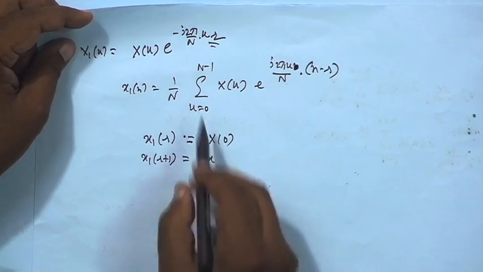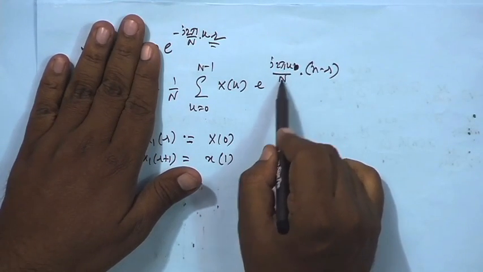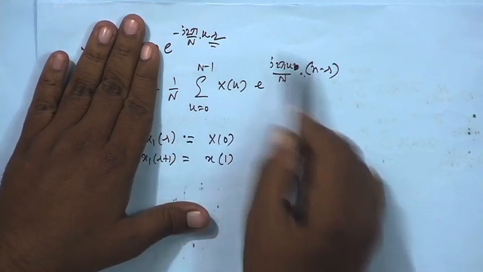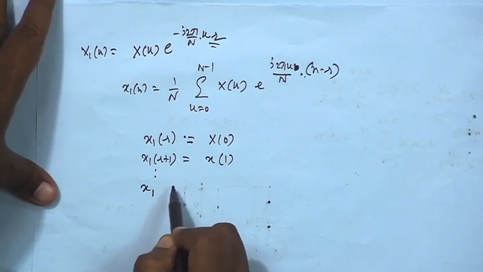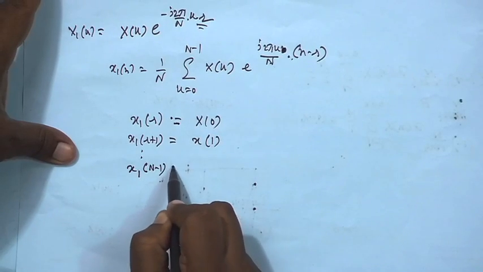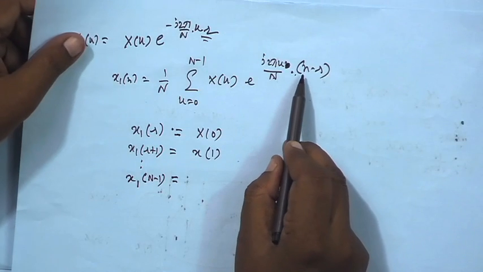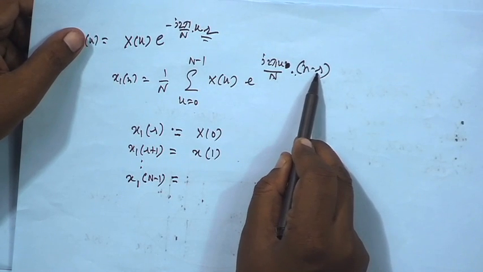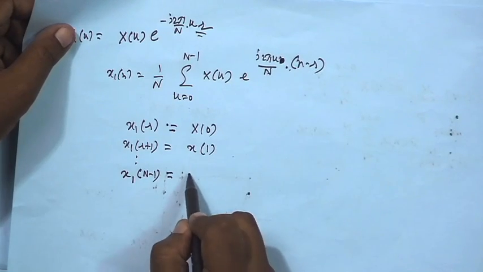So this is the formula of x 1 then. With e to the power j 2 pi k by n into 1, this will give you x 1, dot dot dot, say x 1 n minus 1. If you have n minus 1, you should have n minus 1 minus r.